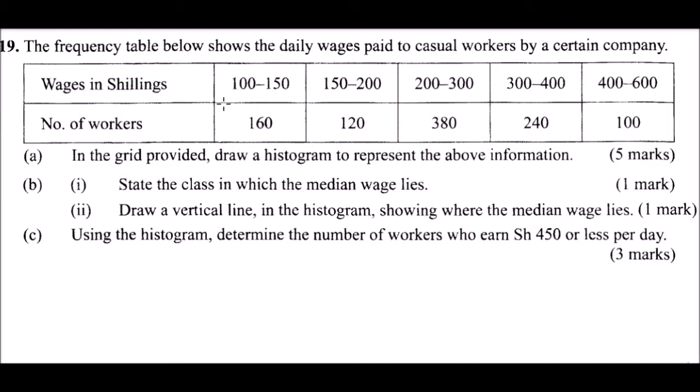So a histogram is drawn like a bar chart, but often has bars of unequal width, like we have here. It is the area of the bar that tells us the frequency in the histogram, not the height. So since we are given the number of workers, we are going to prepare a table that is going to help us to draw the histogram.